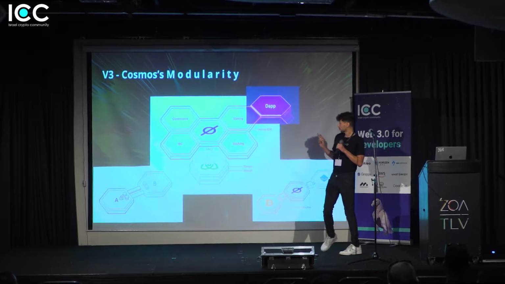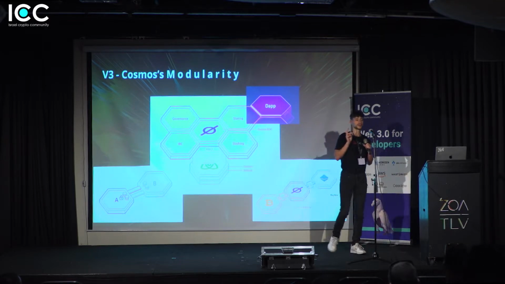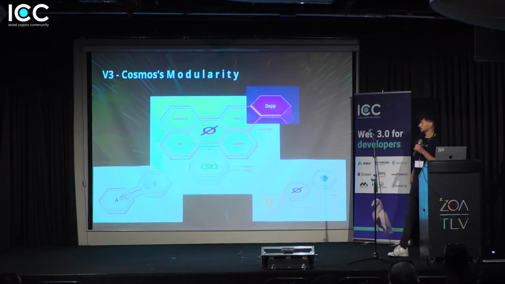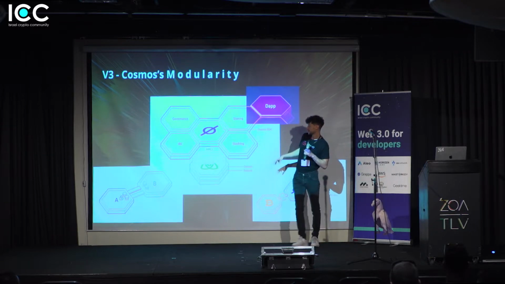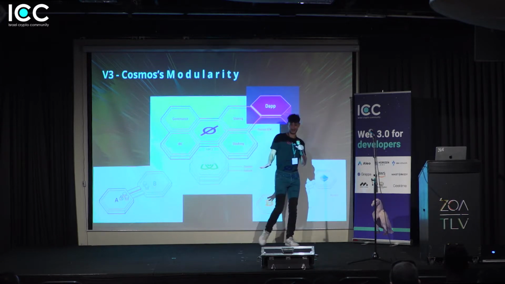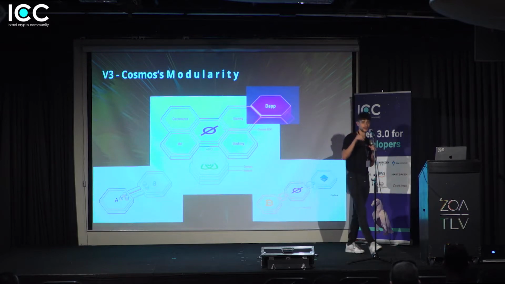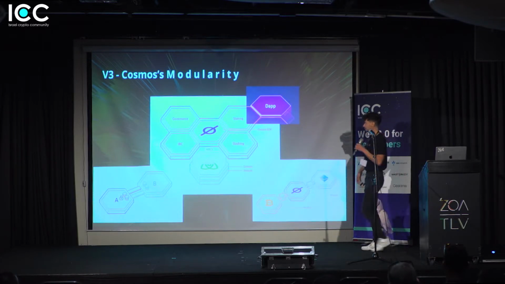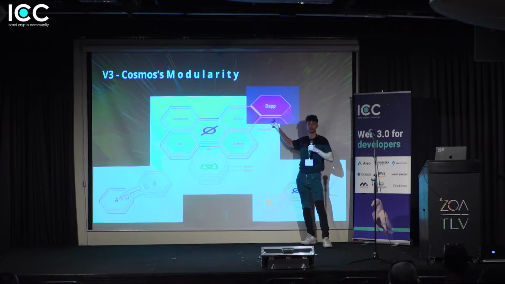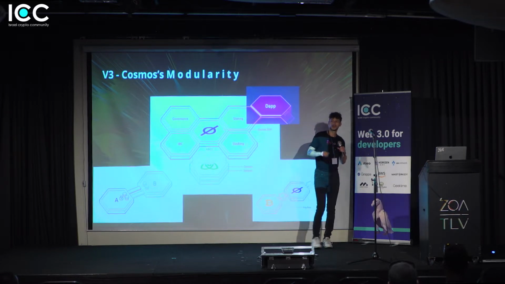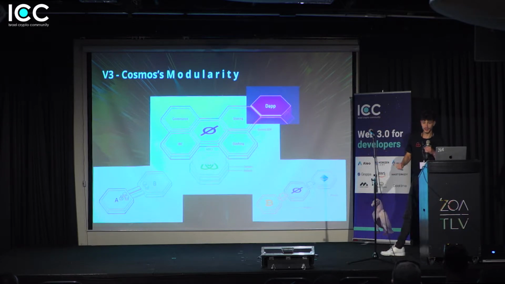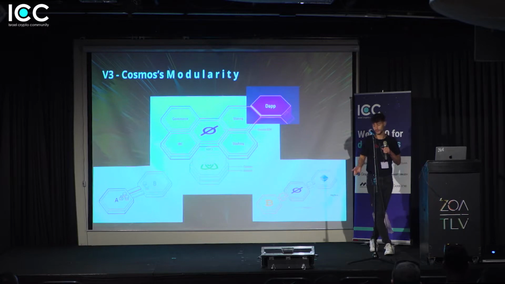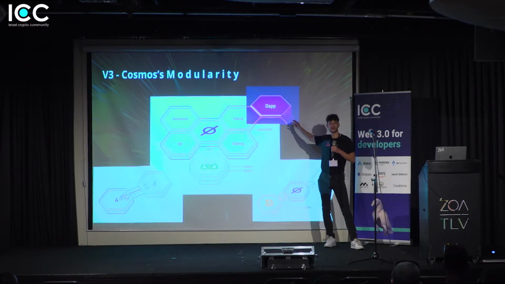The other important thing about Cosmos is its modularity, and the fact that it's like Legos. You can build out of a lot of Legos, and the important thing is that most Legos are already built, okay? So you don't have to reinvent the wheel. When you want to build another component, another module for your app-specific business case, you just add the module of your choice, and it sits as part of the modules.